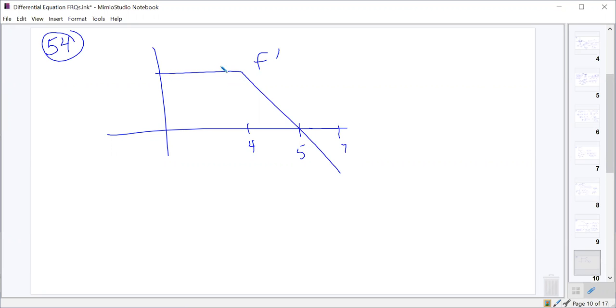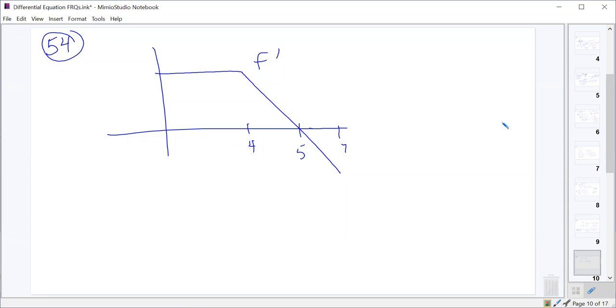The slope is constant, which means that, suppose that number is like 2 or 3, the function is increasing at a constant rate. The function looks like this from 0 to 4. So it's not constant. For the function to be constant from 0 to 4, the derivative would have to be 0 from 0 to 4, because then the slope of the function would be 0 and you have a horizontal line.